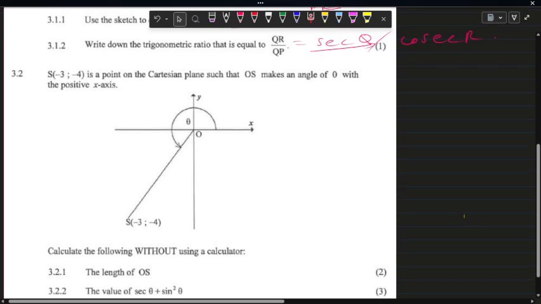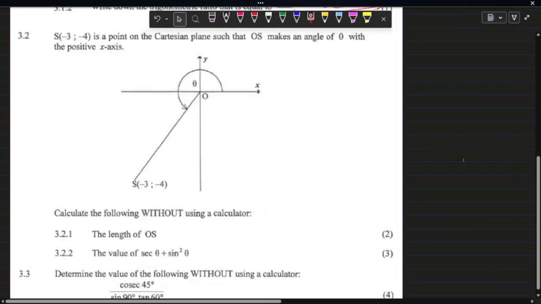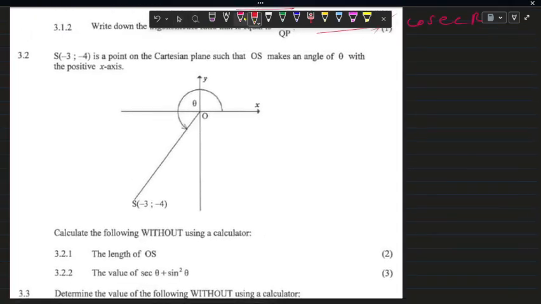Okay, and then we can go to 3.2. In 3.2, they say that S is a point on the Cartesian plane, and they give us the coordinates of S, such that line OS makes an angle of theta with the positive x-axis. So this is angle theta, and OS is found in the third quadrant.